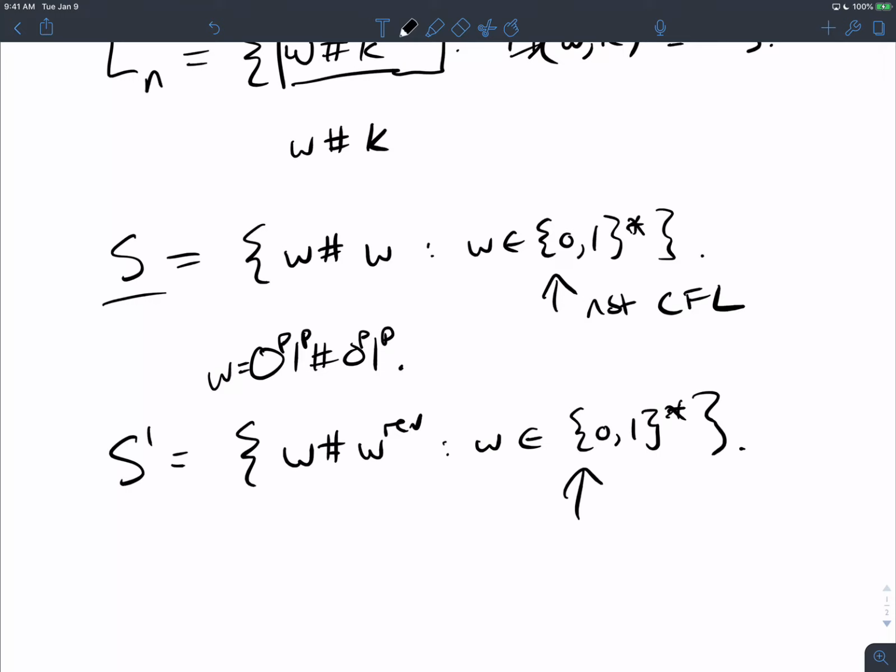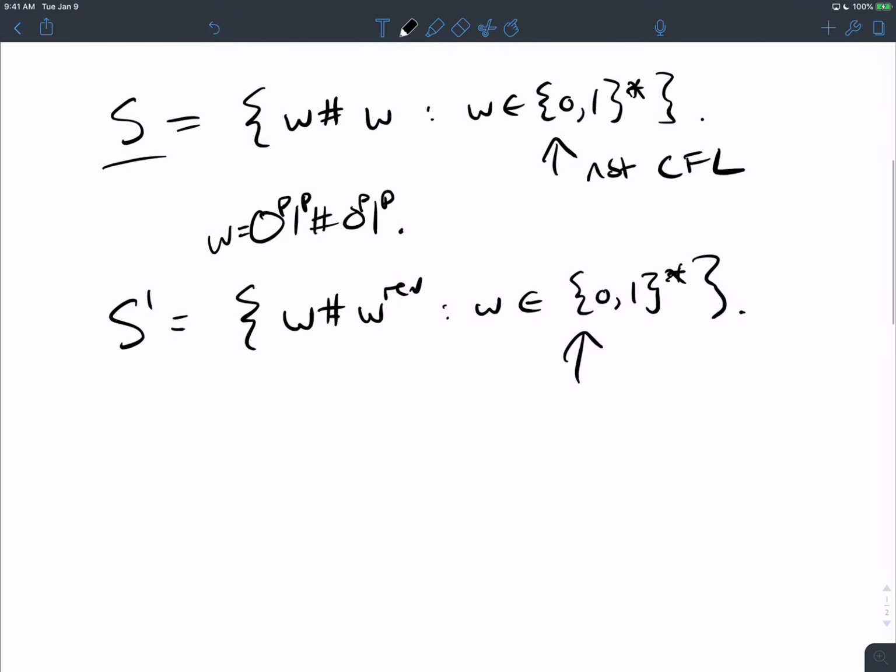Well, let's see. If it's W and then the reverse of W on the right side, what do I know about the first and the last character? They're the same. So can we make a grammar for this? Sure. I make a different start variable, not S, I'll call it A. If it's 1 at the front, then there must be a 1 at the back, so I'll have a rule 1A1, or if it's 0, then 0A0.